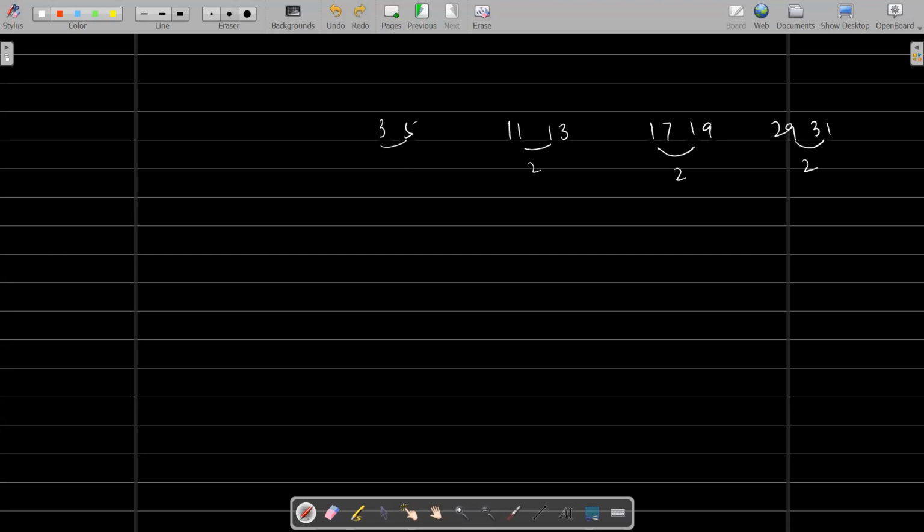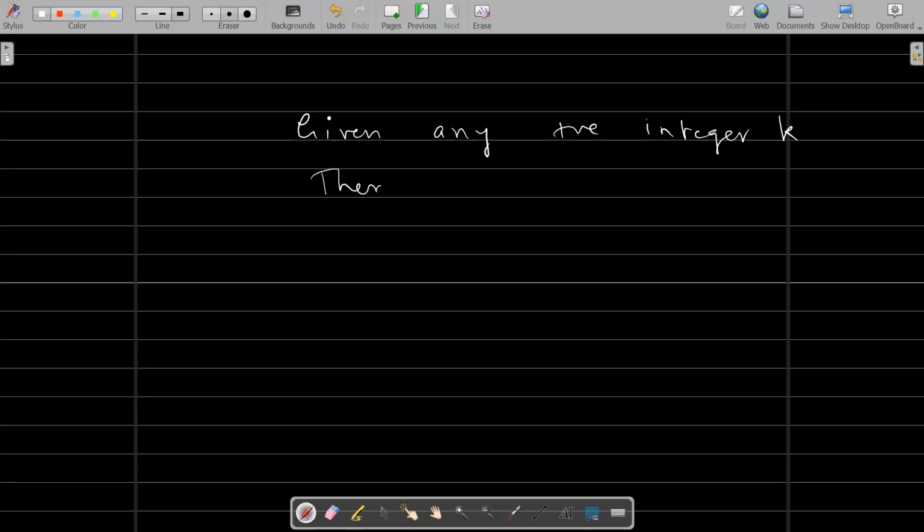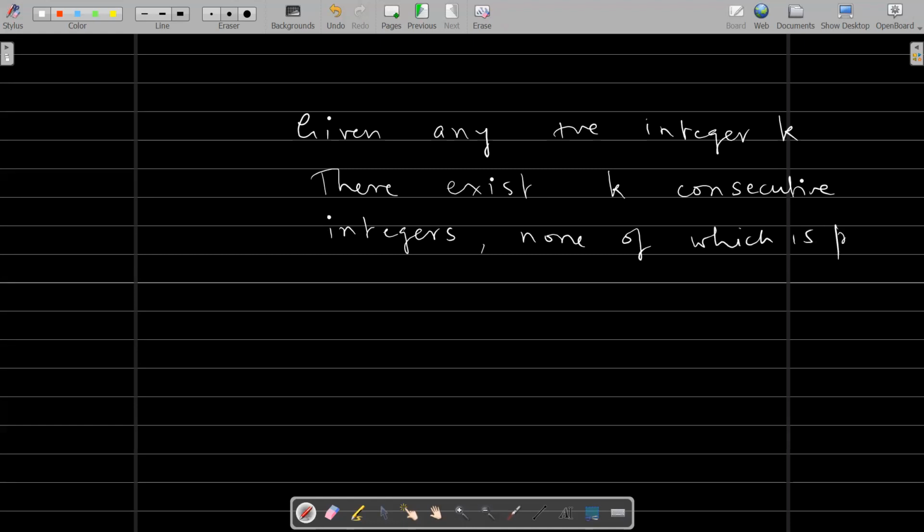Okay, so the spacing is, given any positive integer k, there exist k consecutive numbers none of which is prime.